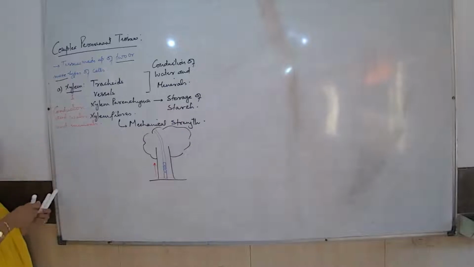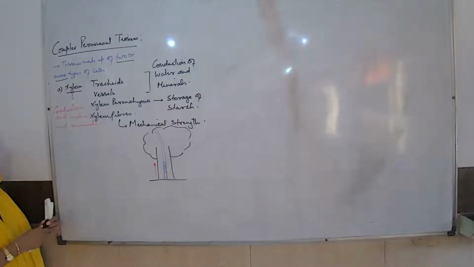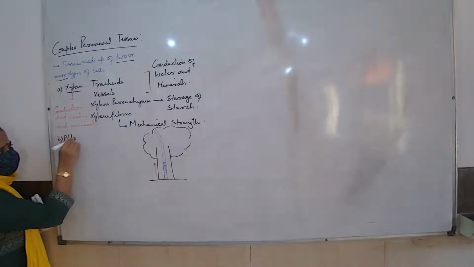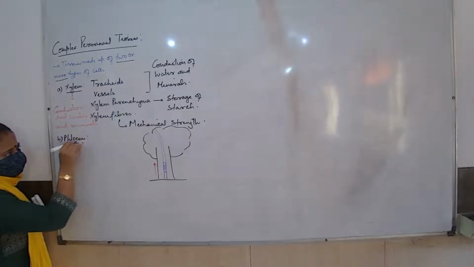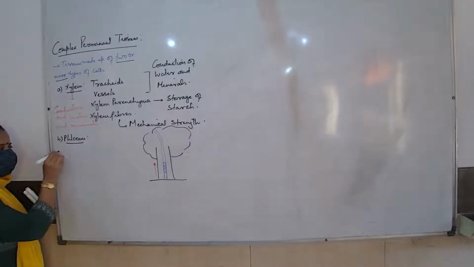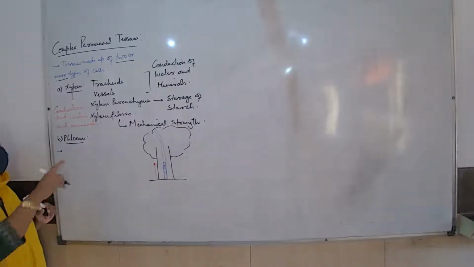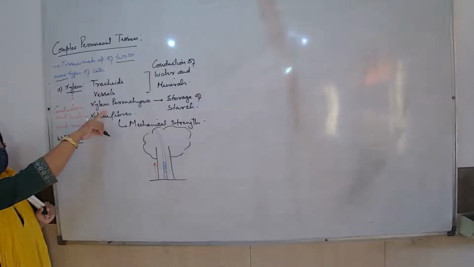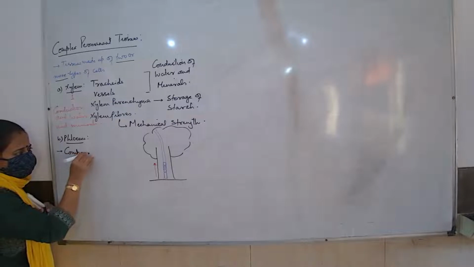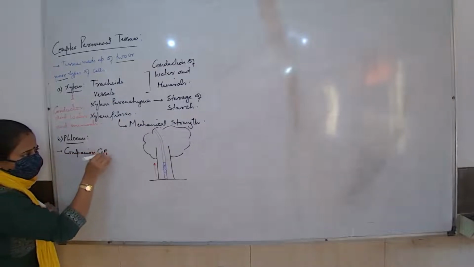Now I talk about the second type of complex tissue. What is it? The second type of complex tissue is known as phloem. The same here, phloem is made up of four types of elements seen like this. What are the names? Number one is companion cells.